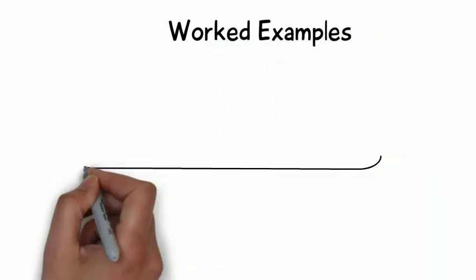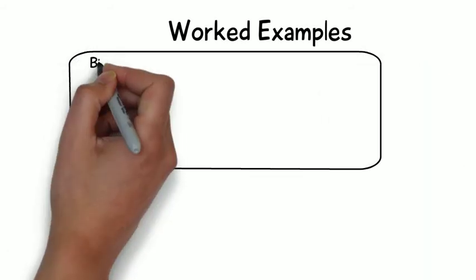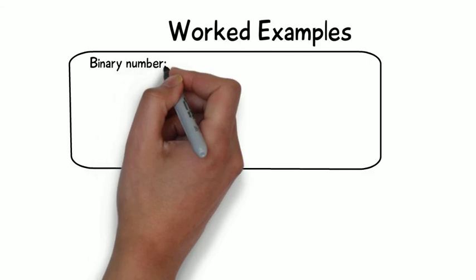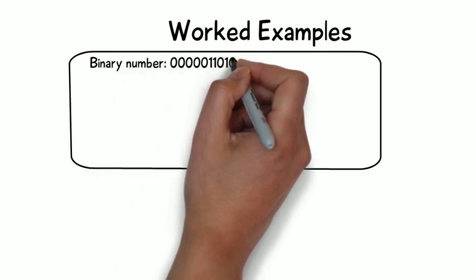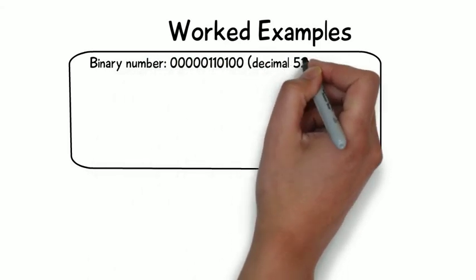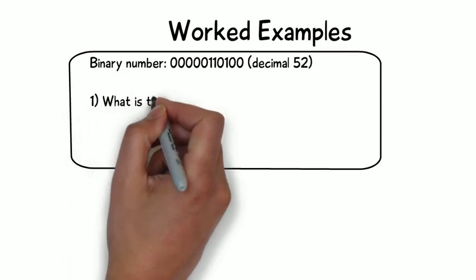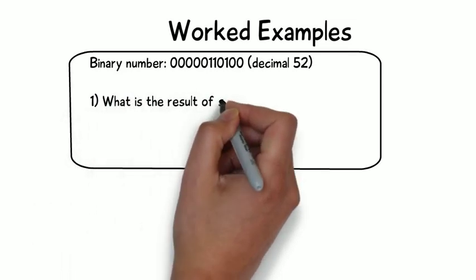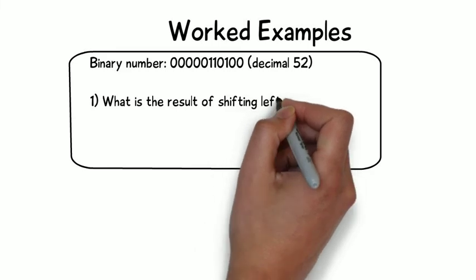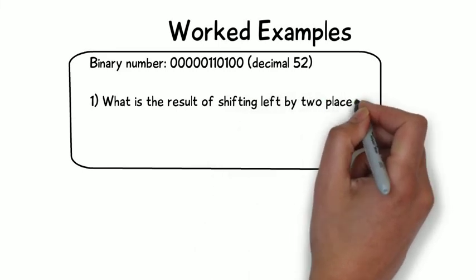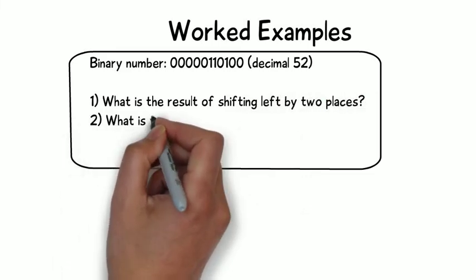So let's do some worked examples. So here's our first binary number, 52 in decimal. And we're going to ask a series of questions. What's the result of shifting left by 2 places to this number?